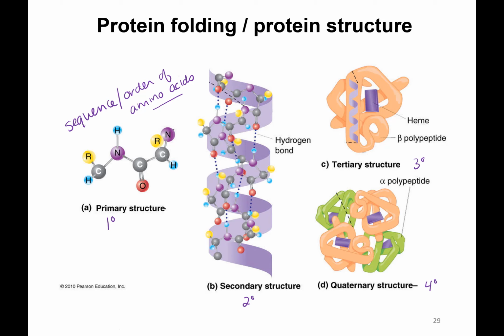What happens for secondary structure, okay, so primary structure is all made by covalent bonds. Secondary structure is made by hydrogen bonds. So hopefully you see the little dot, dot, dots, right? And secondary structures are repetitive.